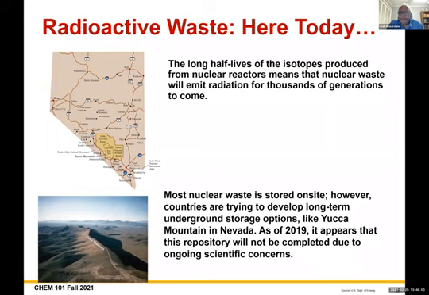After that, we make them into concrete slabs or put them in blocks of concrete and transport them to different locations. One of the places picked was Yucca Mountain in Nevada. However, this is a controversial issue. Nevadans didn't want a nuclear waste site deposited in their state.